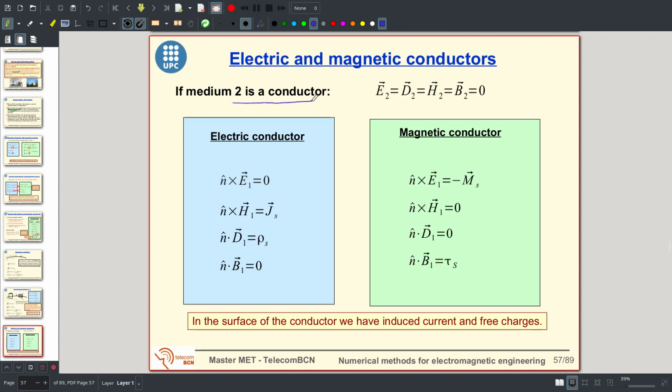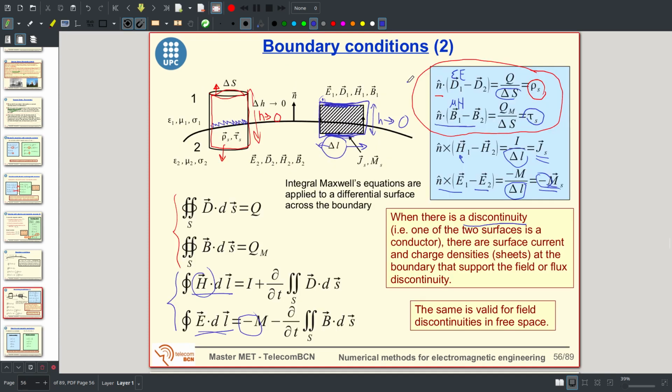For example, if medium 2 is a conductor, then the fields in medium 2 are equal to 0, because you know that in a steady state the fields inside a conductor are equal to 0. So what we have to do is replace the fields in medium 2 here by 0, okay?